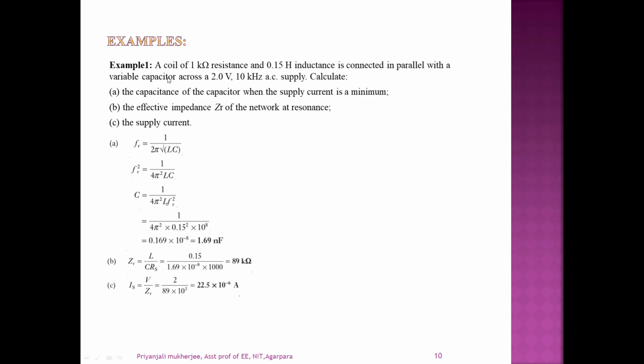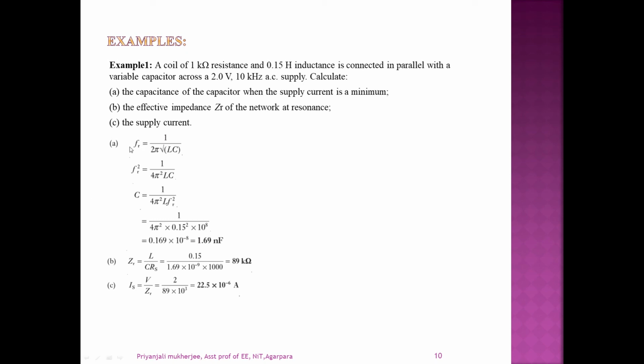So let's take an example. Here we need to find out, a coil of 1 kilo ohm resistance is given, where inductance is also given, and connected with a variable capacitor across a 2 volt 10 kilohertz supply. We need to calculate the capacitance of the capacitor when the supply current is minimum, and the effective impedance of the network at resonance and the supply current.